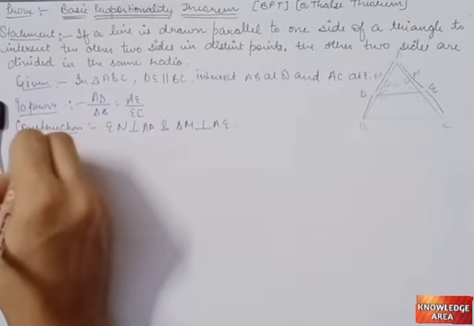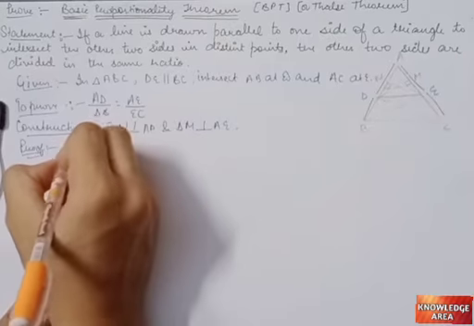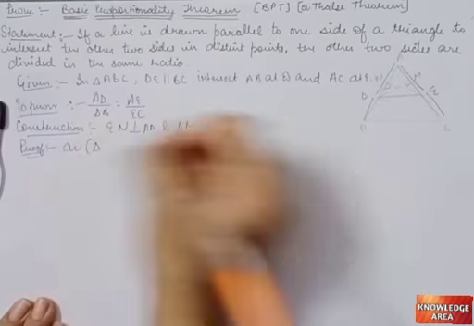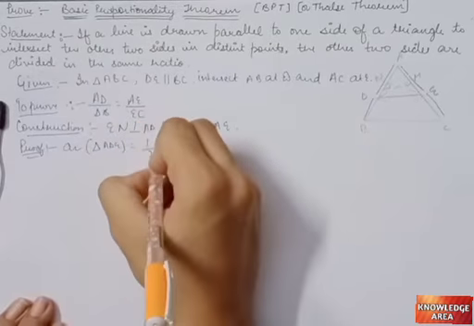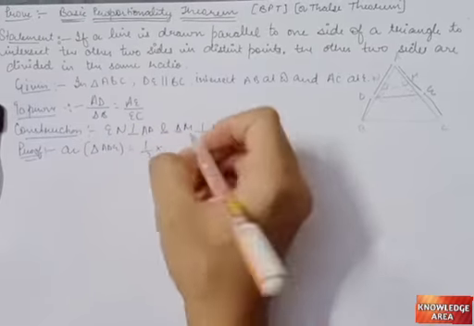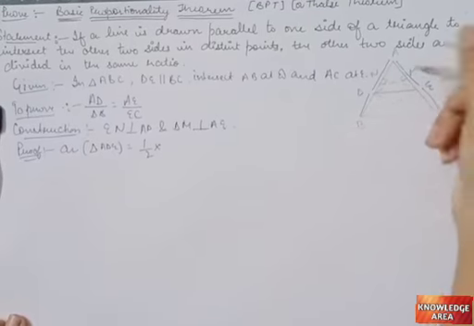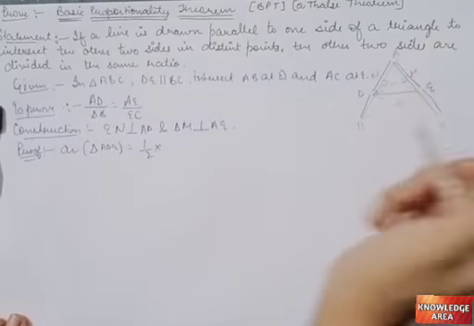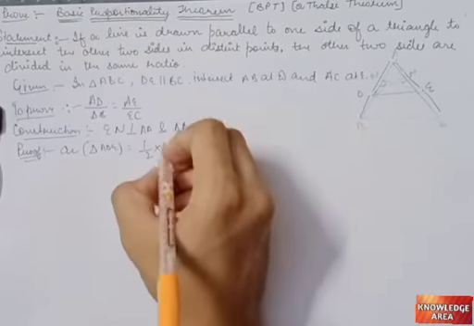So first, we will use the area of triangle ADE, meaning half into base into height. Here the base for this triangle is AD, and EN will be perpendicular, meaning it is the height. So half into AD into EN.